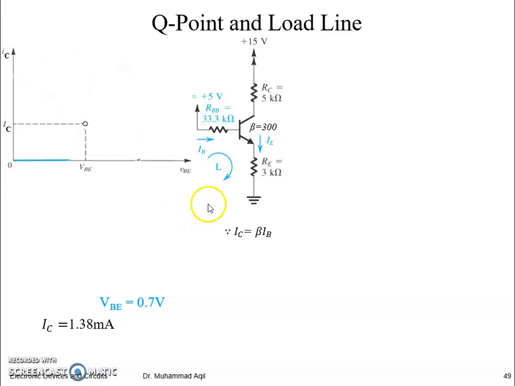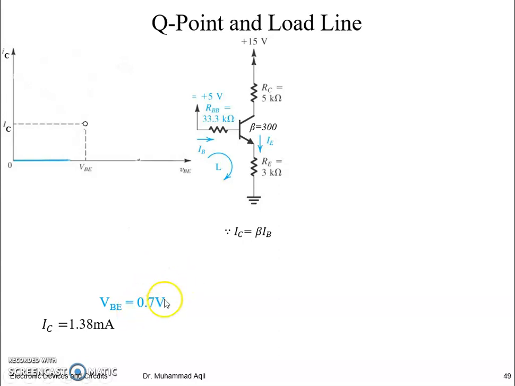So here the input operating point of this transistor is 0.7 and 1.38. So we have gone to this axis, the VBE axis, to DC VBE 0.7, and then IC 1.38. We got this point on this graph.